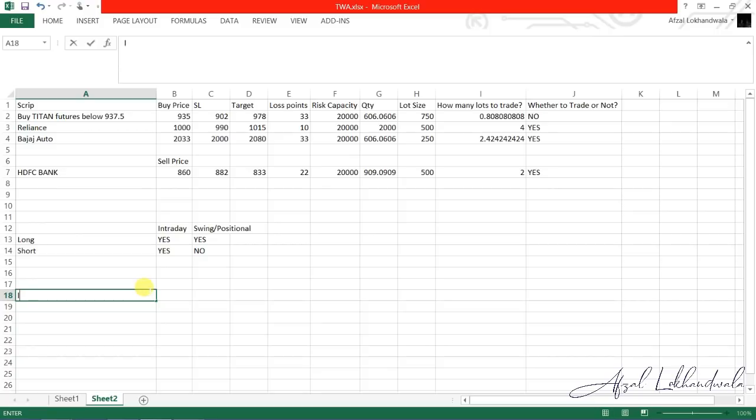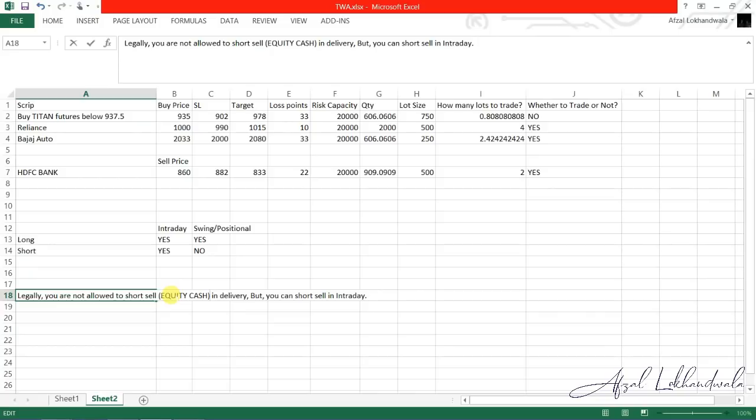The reason is legal. You are not allowed to short sell in delivery, but you can short sell in intraday. This is the simple reason. The important word is short sell equity cash in delivery.